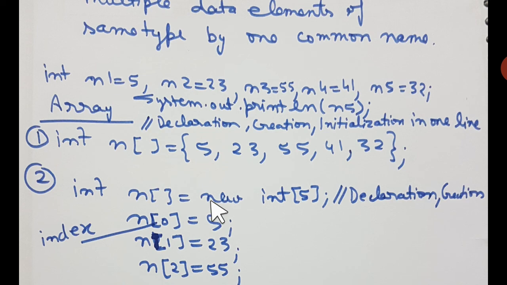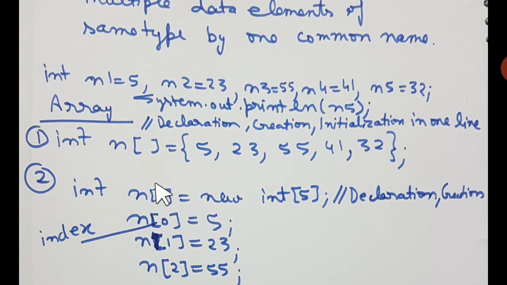Then the assignment operator, and new is there to allocate memory during runtime. So new is a keyword for that. Then int[5] means we have to allocate memory equal to 5 ints. An int is 4 bytes, so 5 into 4 means 20 bytes are going to be allocated to this array n.